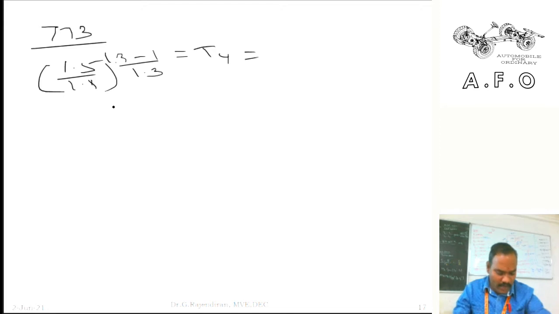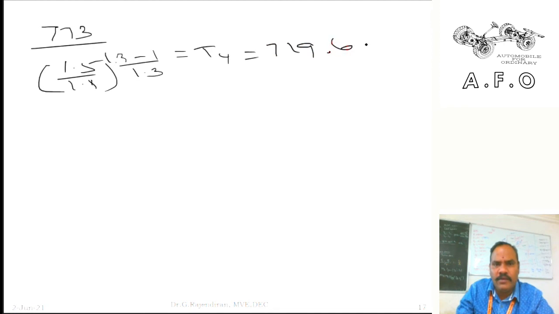When simplifying, T4 is equal to 719.606 Kelvin.